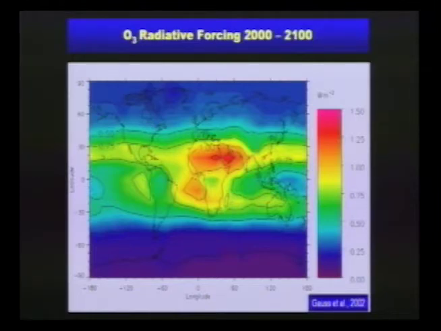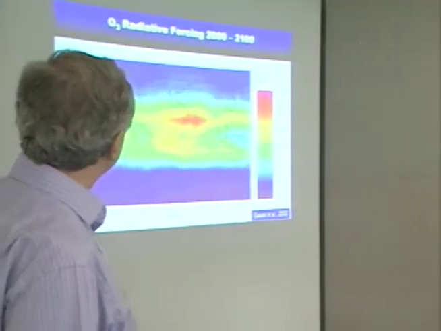This is an average of perhaps 15 chemical transport models, showing that indeed in the future a lot of the forcing produced by ozone, I think this is the A2 scenario, would be mostly in the tropics with values that could be reaching about 1 watt per square meter, which is not necessarily a very small amount compared to CO2 at the present time.